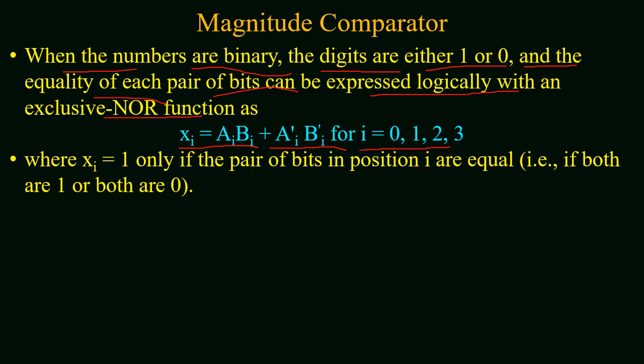Here xi is a binary variable which represents equality of each bit and is equal to the exclusive NOR function of 2 bits, where the variable i can have a value from 0 to 3. Now xi equals 1 only if the pair of bits in position i are equal. Here both bits can be 0 or 1.